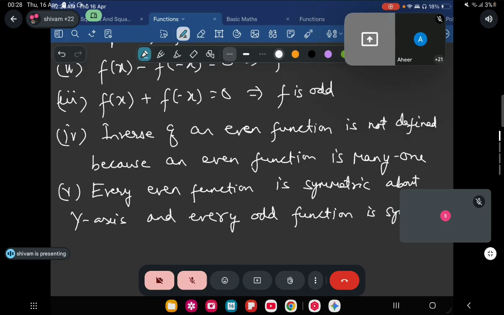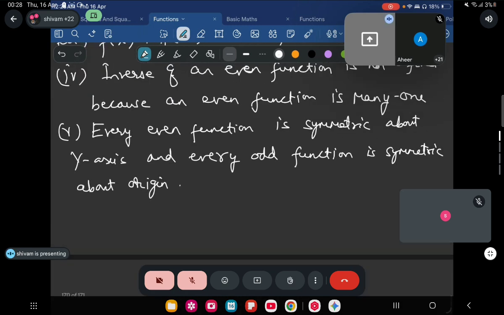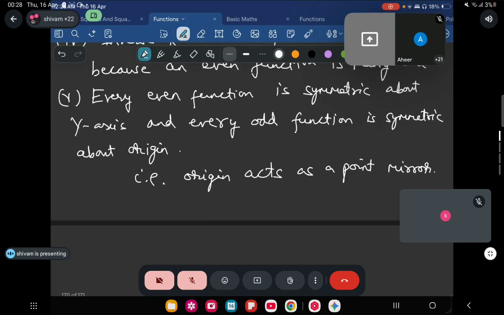If anyone has any doubt, you can ask me. That is, origin acts as a point mirror for odd functions.